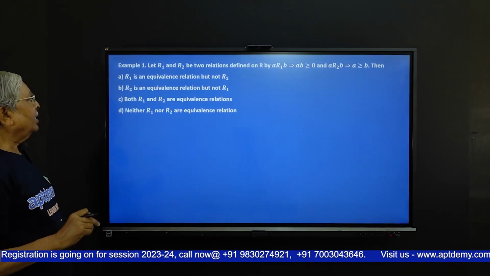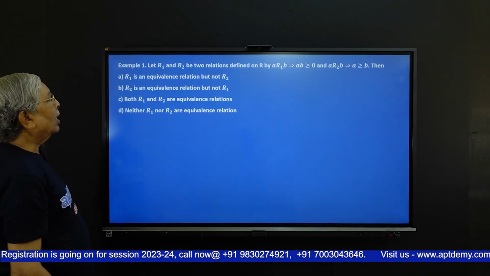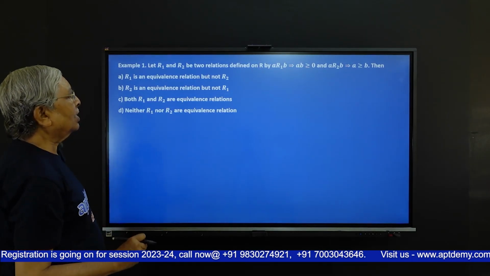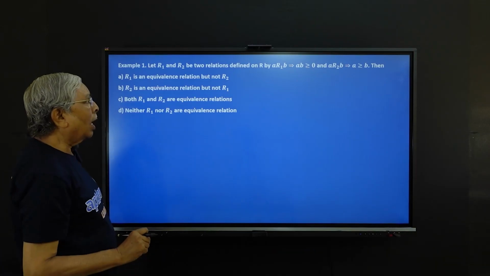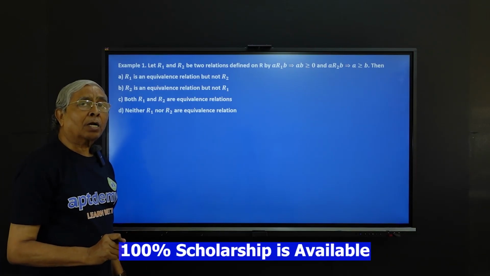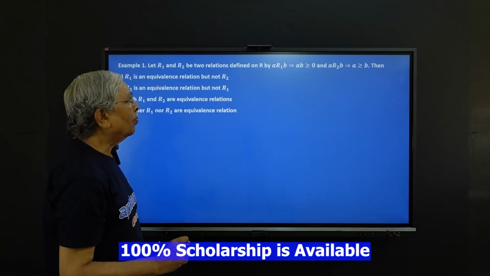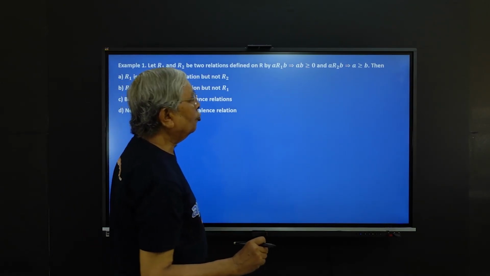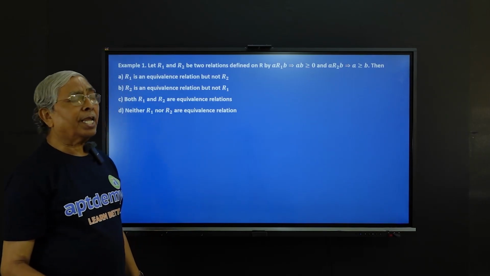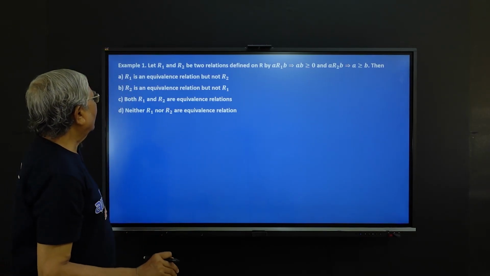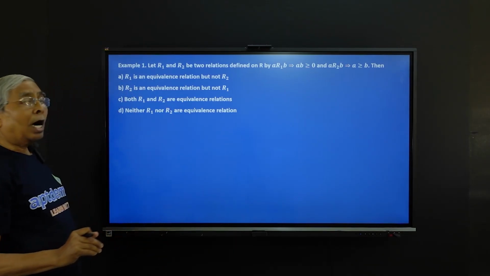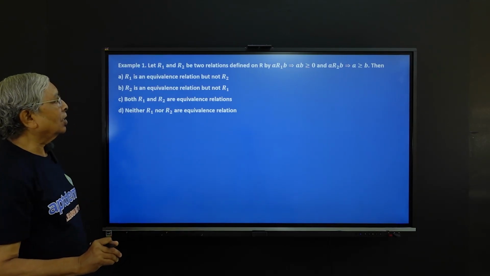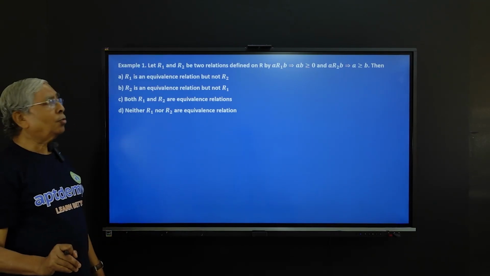The example is: let R1 and R2 be two relations defined on R by a R1 b implies ab greater or equal to 0, and a R2 b implies a greater or equal to b. Then the first option is R1 is an equivalence relation but not R2.